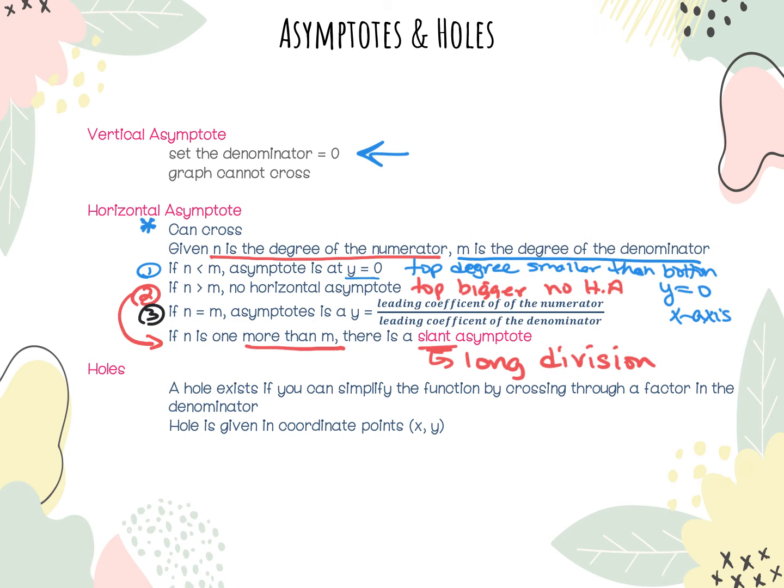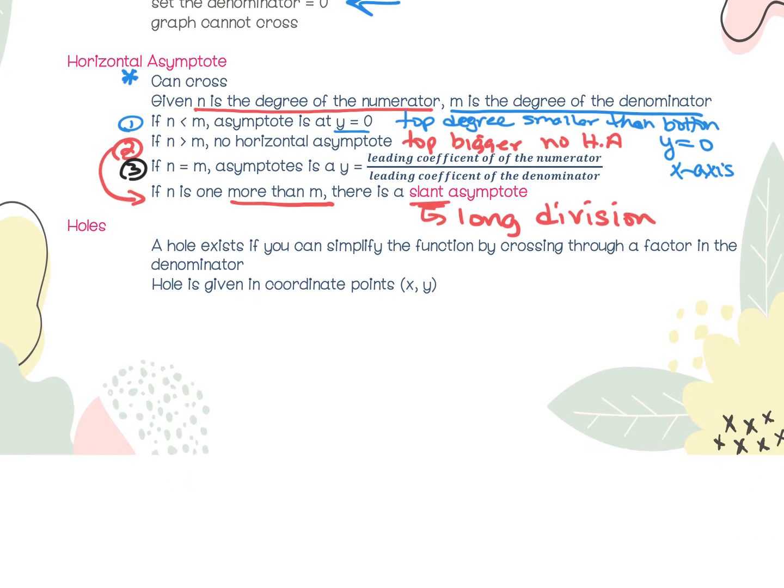Now, sometimes our graph is going to have a hole in it. So a hole exists if you can simplify the function by crossing through a factor in the numerator and the denominator. Then the hole is going to be located at that ordered pair. So for example, let's say my hole was at the ordered pair 2, 3.